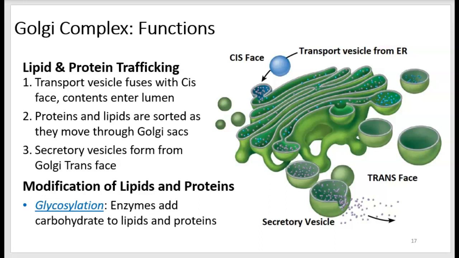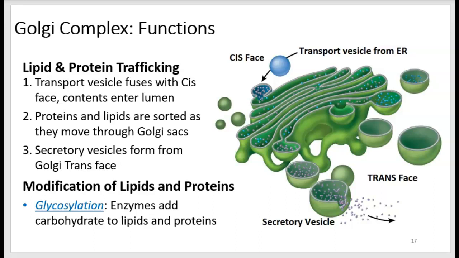Regardless, those things aren't as important as the final step, which is at the trans face, a secretory vesicle buds off, and it will contain the proteins and lipids destined to go to a certain place.